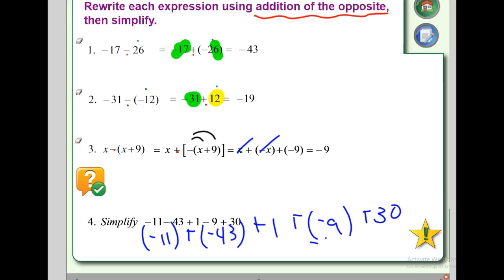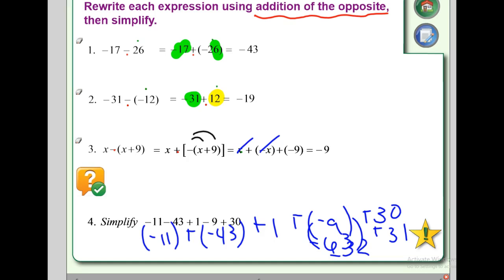So we've got -63, and now let's put our positives together. Looks like we just have 31, and now we're going to subtract because they're different signs and give it the sign of the greater. So our final answer here is going to be what? -32. That all kind of ran together. Sorry about that. Nicely done.